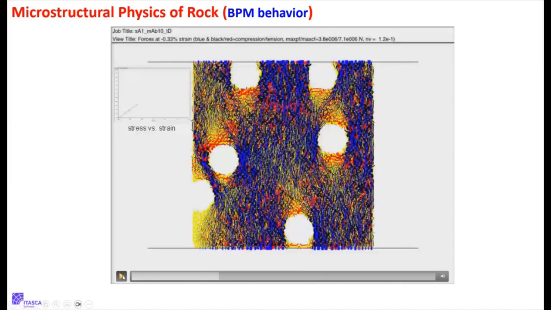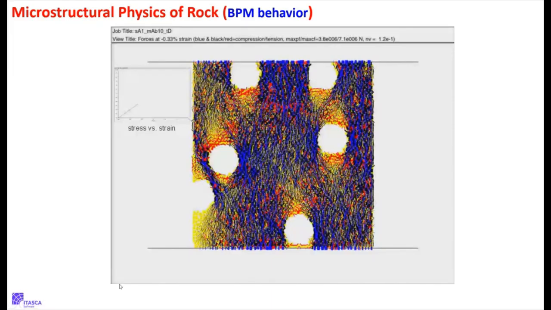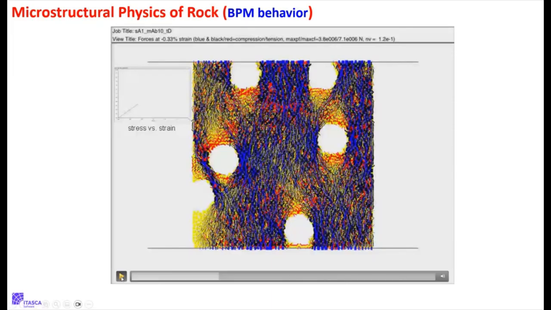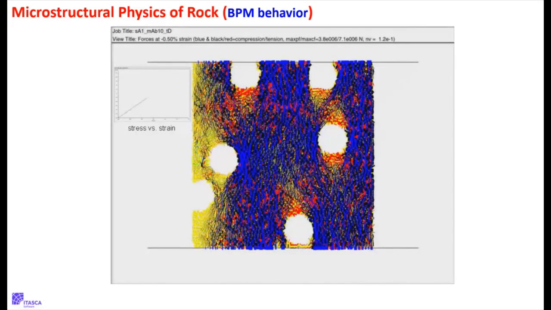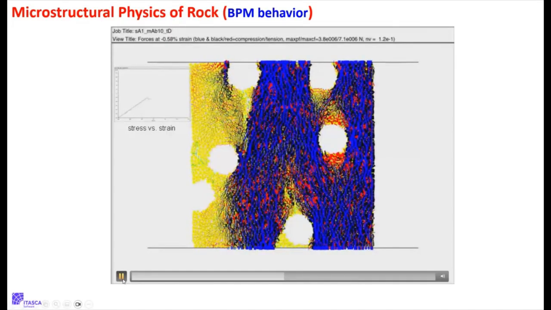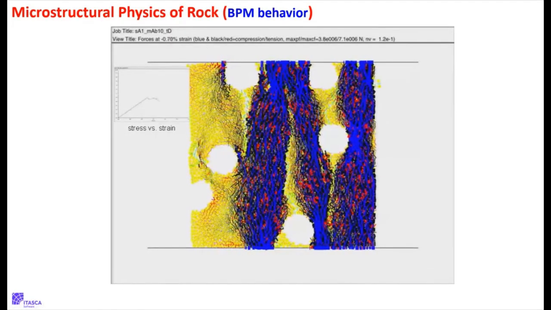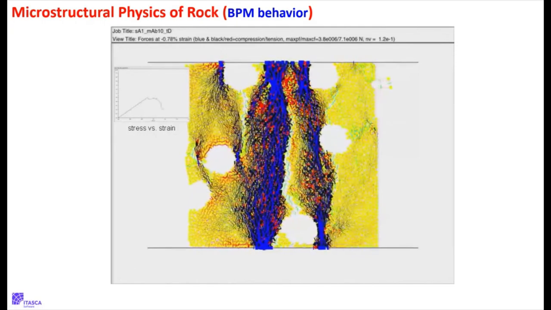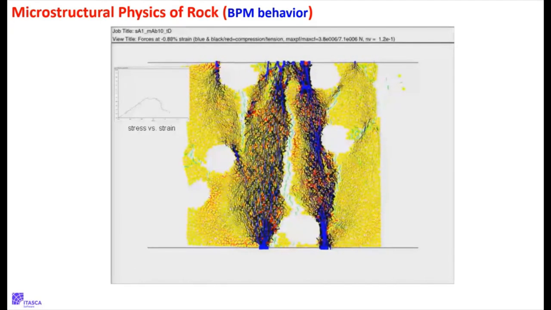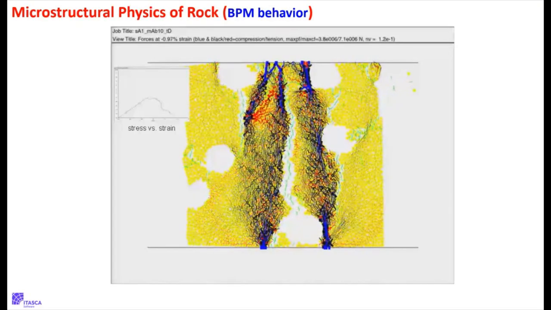And now watch. You're going to see cracks forming, and you're going to see the force chains unloading in certain areas. Watch up here as this crack forms. You can see how that material is still carrying load in the center.